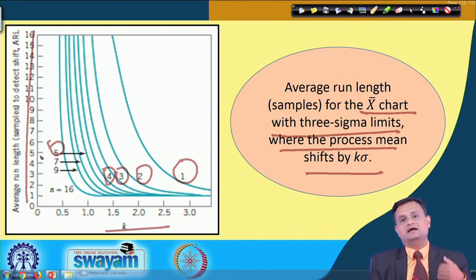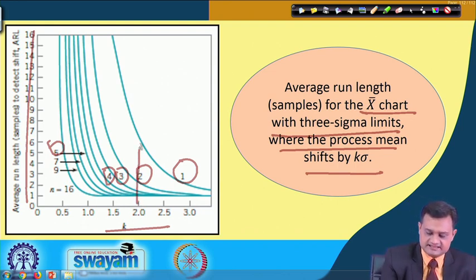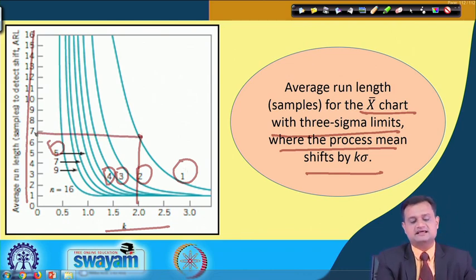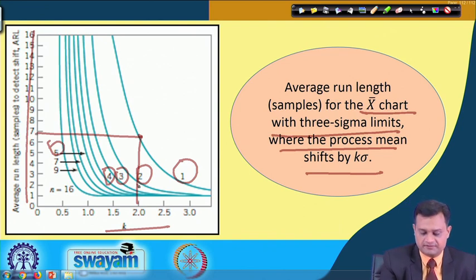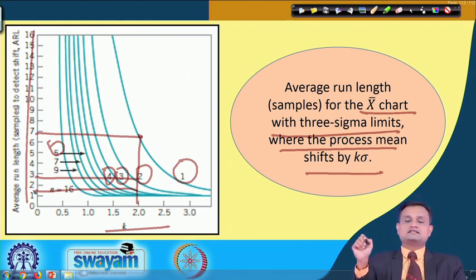My average run length, let us say for this curve with n equal to 1, is about 6.5. But if I refer to this one, it is 2.5. If I refer to this, maybe it is 1.5. So what does it mean?